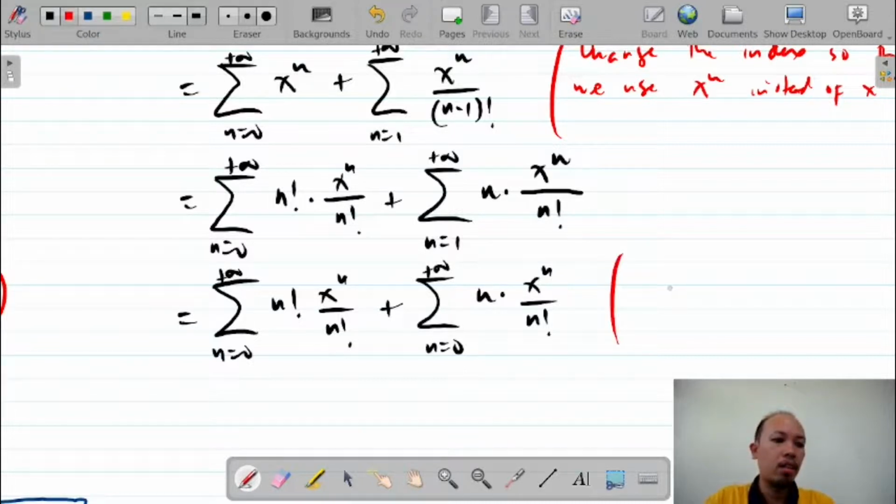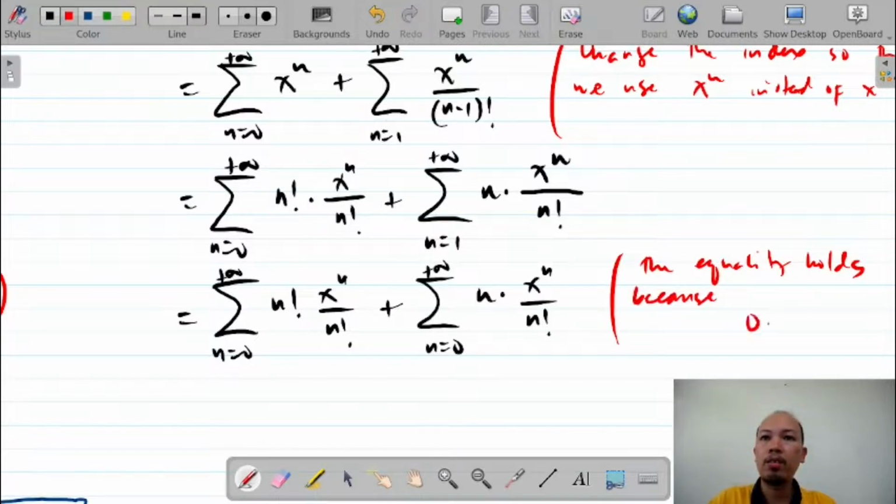Why? Because the equality holds, because we know that 0 times x to the 0 over 0 factorial is equal to 0.